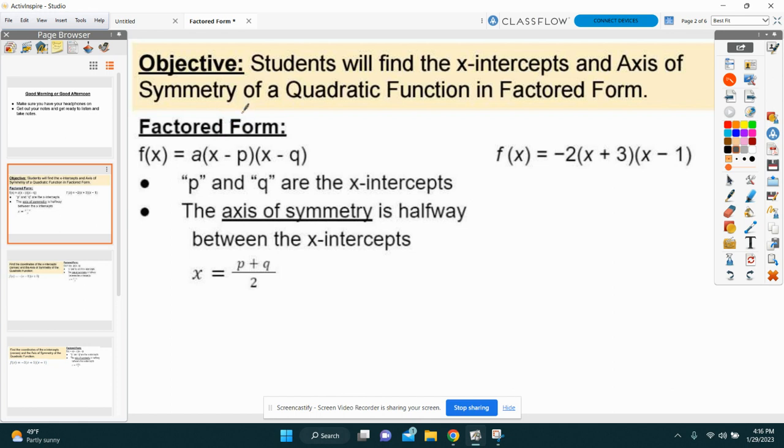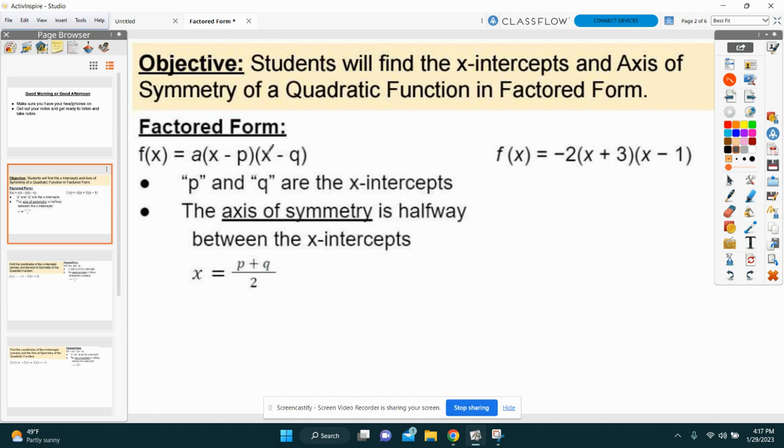So today your objective is you will find the x-intercepts, which we know is where the graph crosses the x-axis, and the axis of symmetry, which we know is the invisible line that splits the parabola in half. We're going to do this by using this formula.